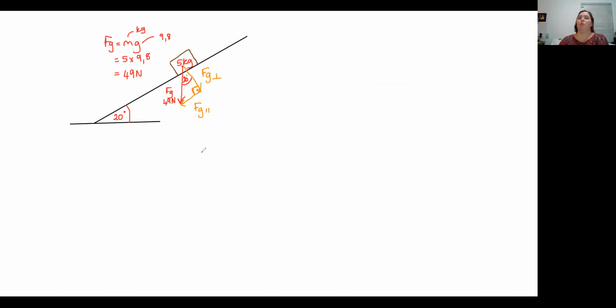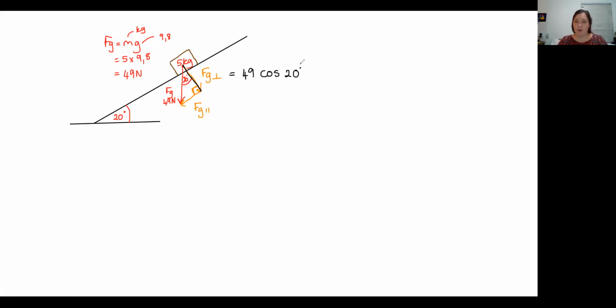Some people learn them off by heart, so they learn that as a rule, because the component of the weight perpendicular should always be adjacent to the 20 degrees, it will always be equal to your weight, 49, times cos of the angle that you've got, which in this case is 20 degrees.